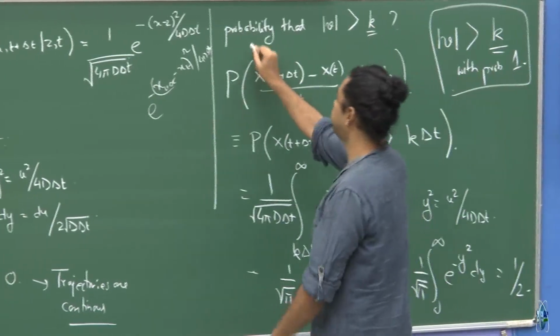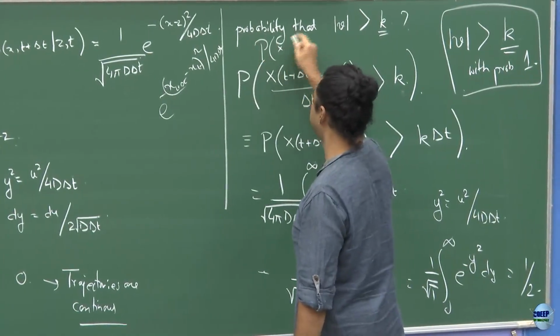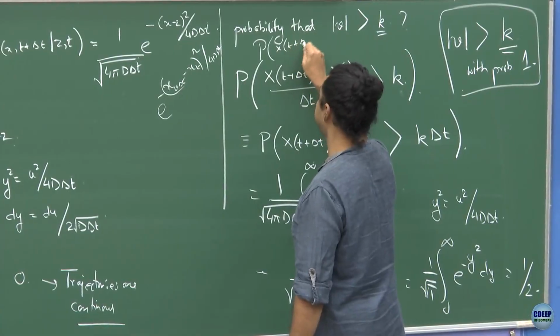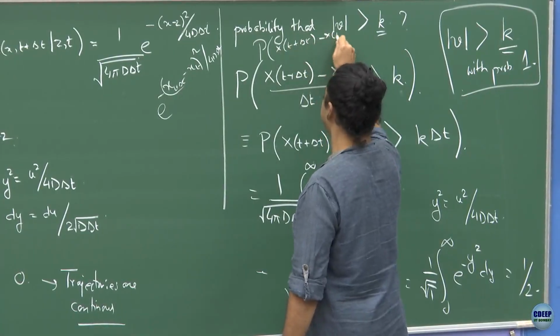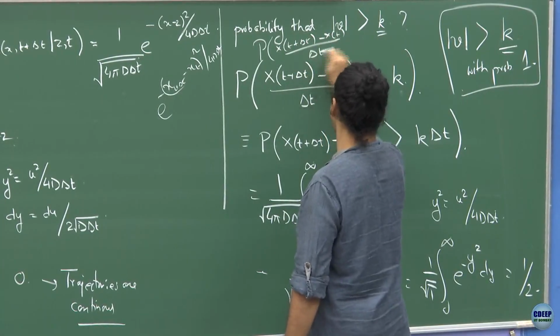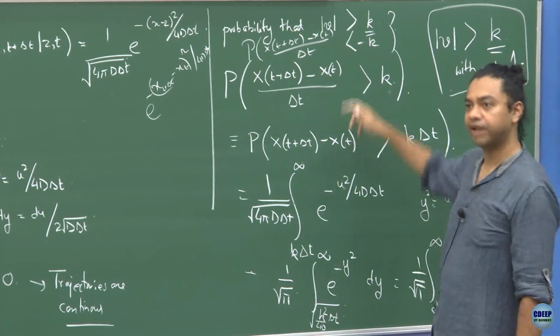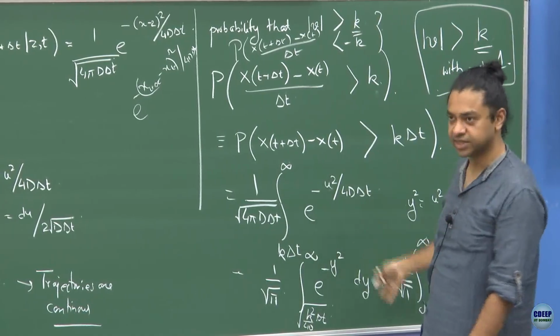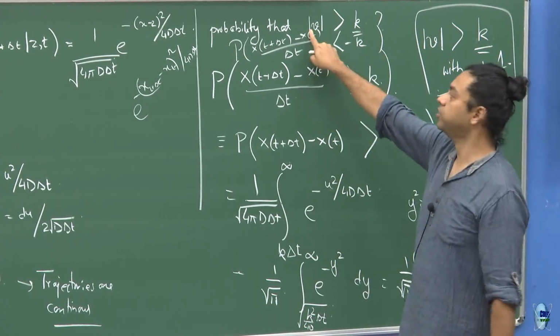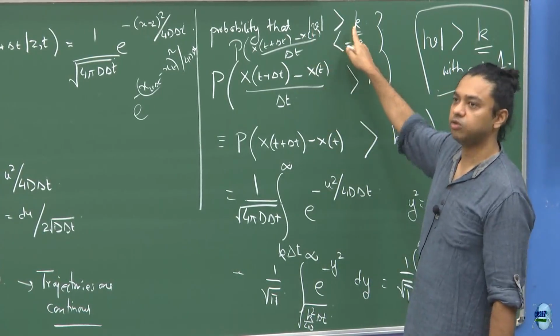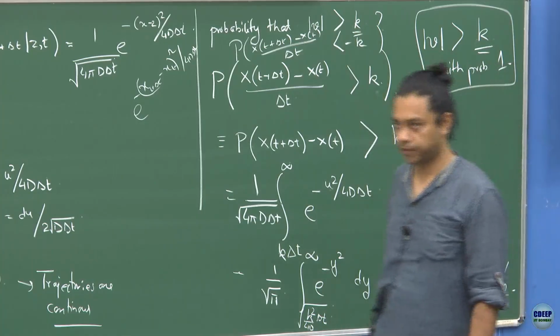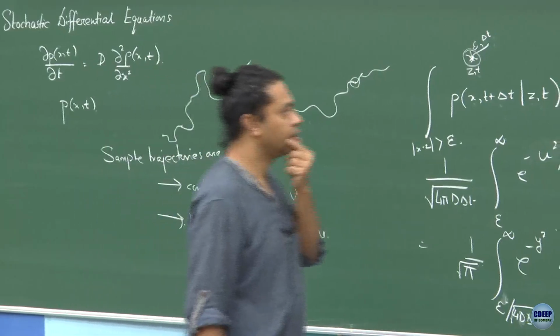I calculated this. I could calculate the other thing as well: what is the probability that (x(t+Δt) minus x(t)) by Δt is less than minus k? That would also work out to be half, exactly the same calculation. Therefore, this modulus being greater than k has probability half plus half, which is 1. Why doesn't it depend on k?